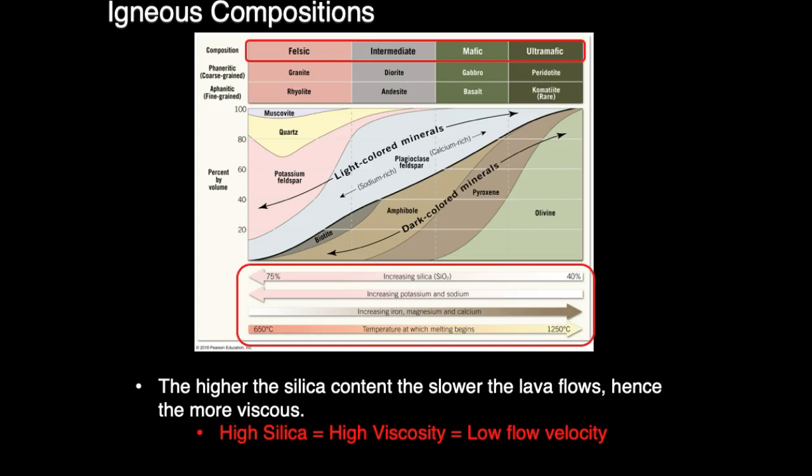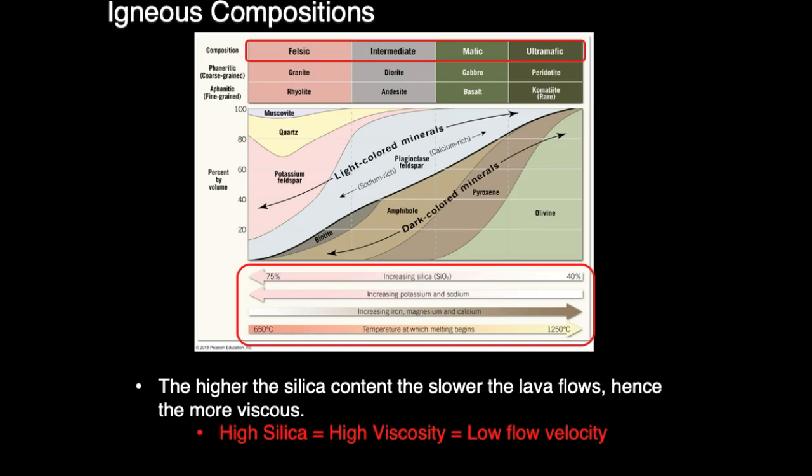Also, in the previous slide, I kept telling you the silica content for each of those compositions. So I told you that the felsic had 70% or more, and so on and so forth. But I never told you why I told you about the silica percentage within the specific columns. Well, in truth, the silica content itself will play a large role in the magma's behavior.